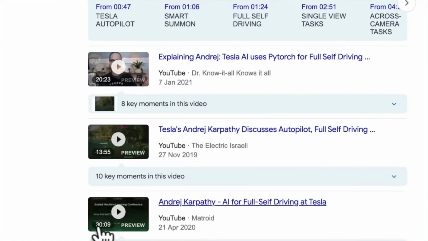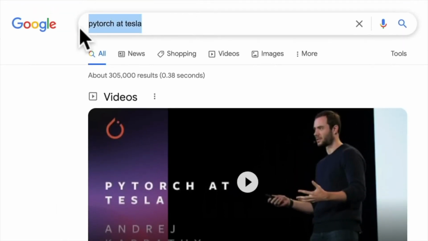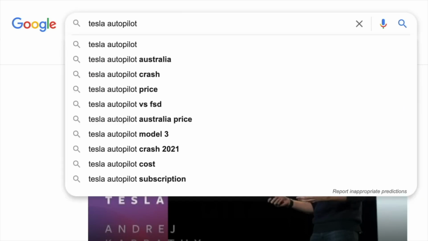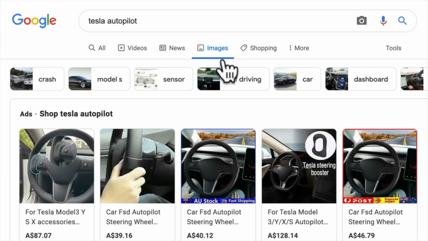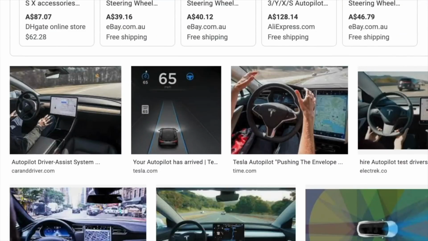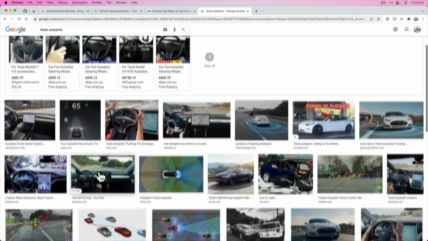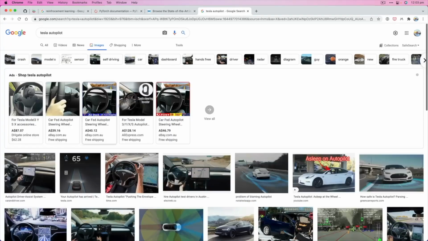Andrej Karpathy, director of AI at Tesla. And so Tesla are using PyTorch for the computer vision models of autopilot. So if we go videos or maybe images, does it come up there? Things like this, a car detecting what's going on in a scene. Of course, there'll be some other code for planning, but I'll let you research that.